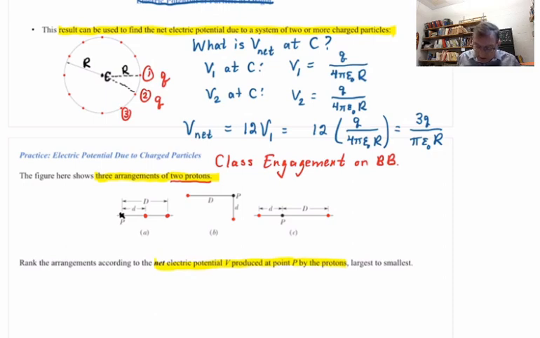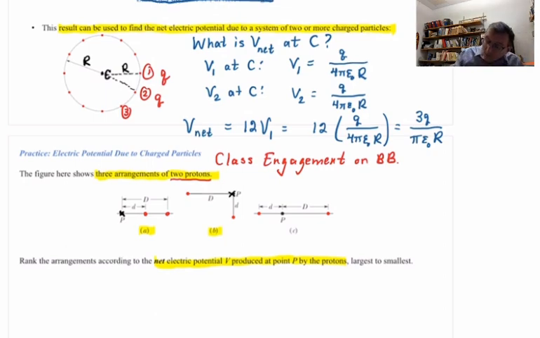But what we've got is 3 geometries. In geometry A, the 2 protons are along the same line. You can see the various distances there. In geometry B, the point P is here, and 1 proton is over here, and 1 proton is down there. What's the net electric potential at point P?